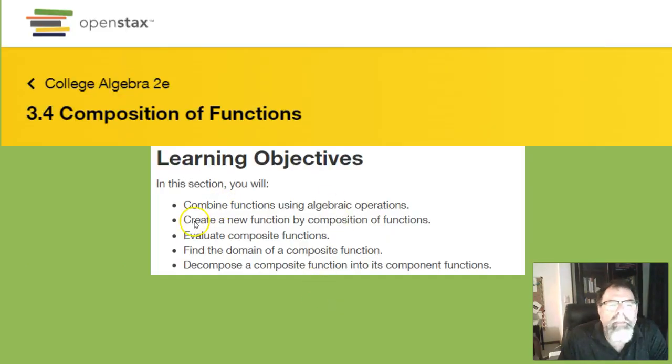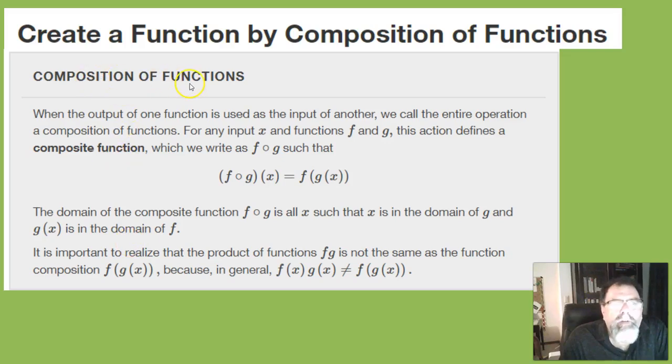Okay, moving on to the next learning objective: create a new function by composition of functions. Okay, so composition of functions. When the output of one function is used as the input of another, we call the entire operation a composition of functions.